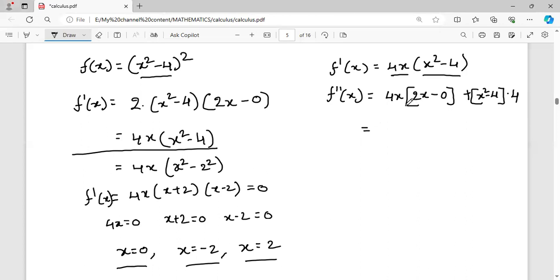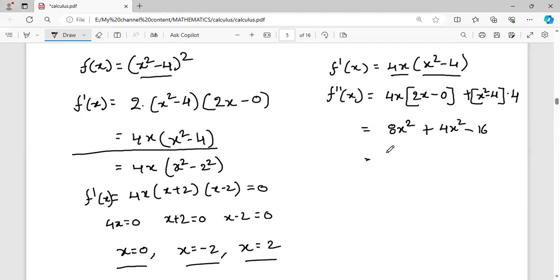So here do the simplification. 4x into 2x is 8x square. 4x into 0 is 0. Plus 4x square minus 16.